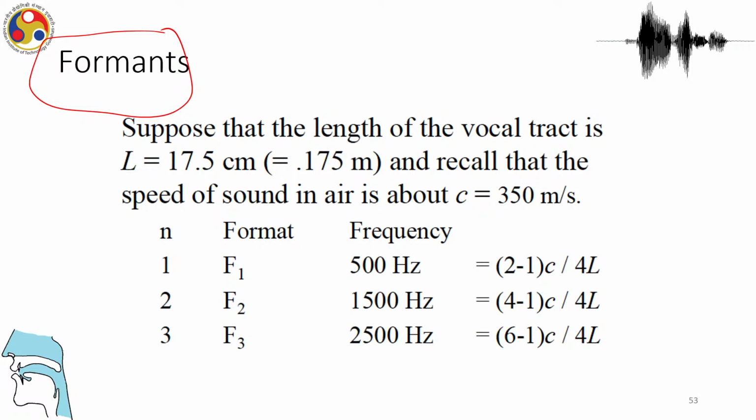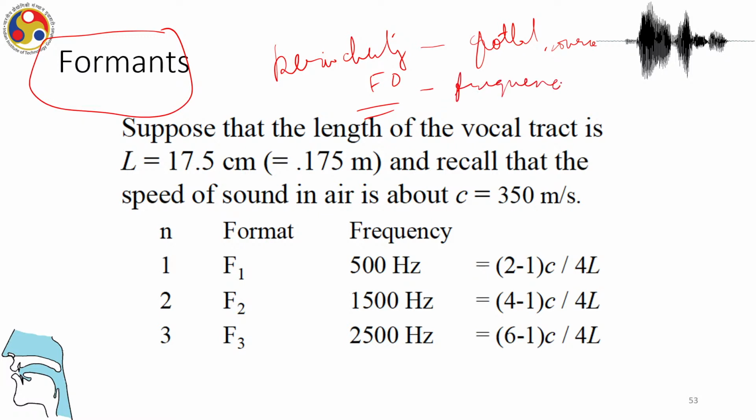Now, why does this happen? Once we have periodicity of the glottal source, we have what is called the fundamental frequency, as a result of which your vocal tract, my vocal tract, are repeating at a certain frequency.